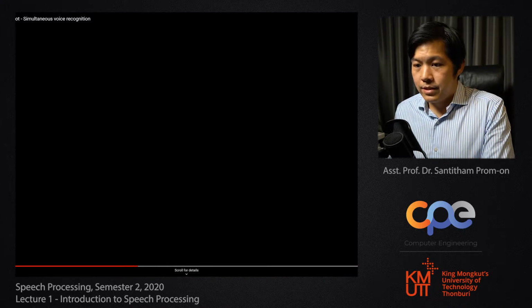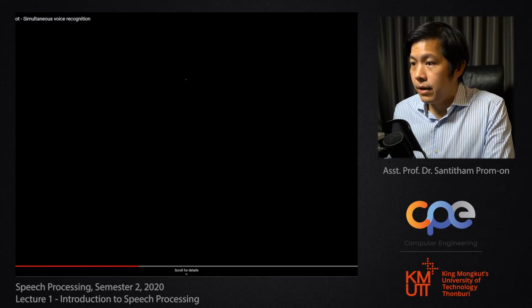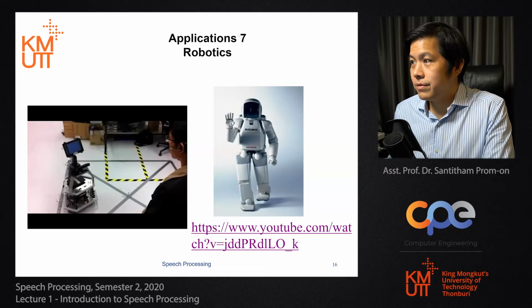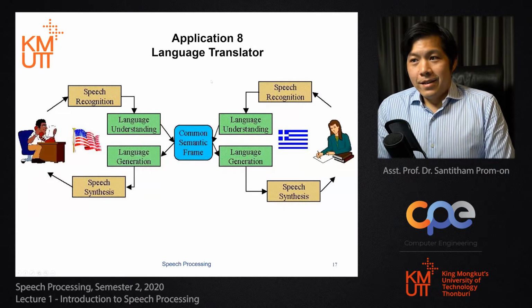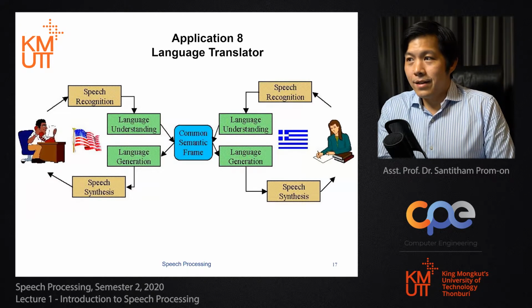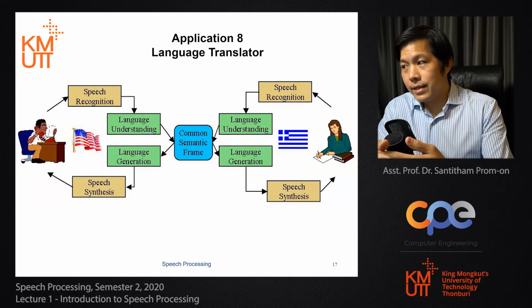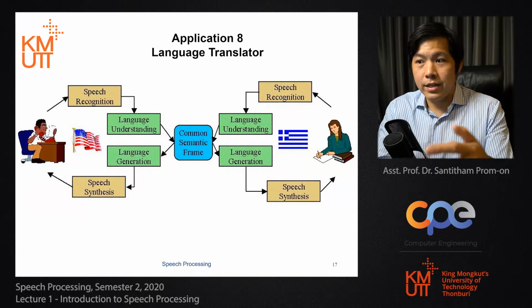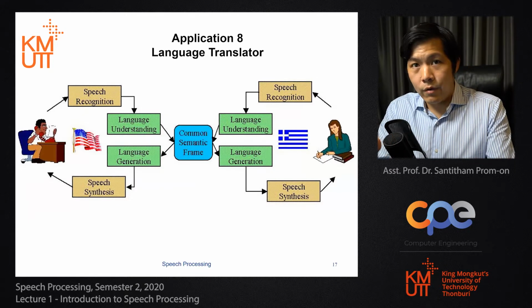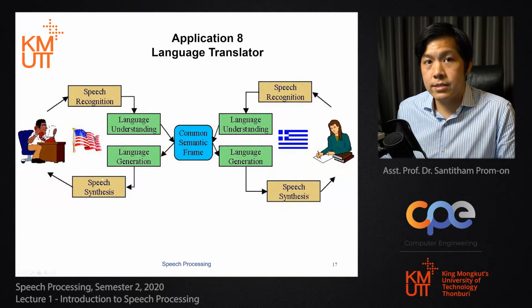Right, so this is the simultaneous voice recognition by Asimo. All right, and you can use speech processing to create a language translator, where a person speaks in one language and it translates into another language through speech recognition and speech synthesis.